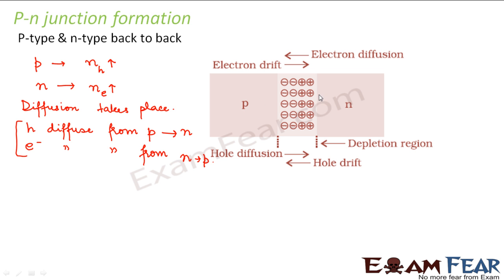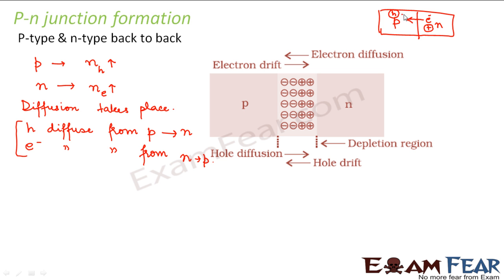Now, what will happen as this diffusion takes place? As a hole diffuses from the P region to the N region, it leaves behind a negative immobile charge. Similarly, when an electron diffuses from the N region to the P region, it leaves behind a positive immobile charge. Let us suppose this is the P region and this is the N region. Electrons from here are moving towards P, so when the electron moves, some positive charge is left behind.